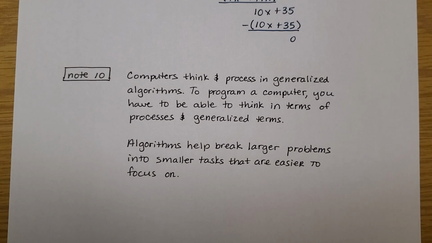Then repeat this, right? That's how you would tell a computer how to do something. So big idea behind an algorithm is you are taking this larger problem of division and breaking it up into smaller tasks, and you can focus on those smaller tasks to work through.